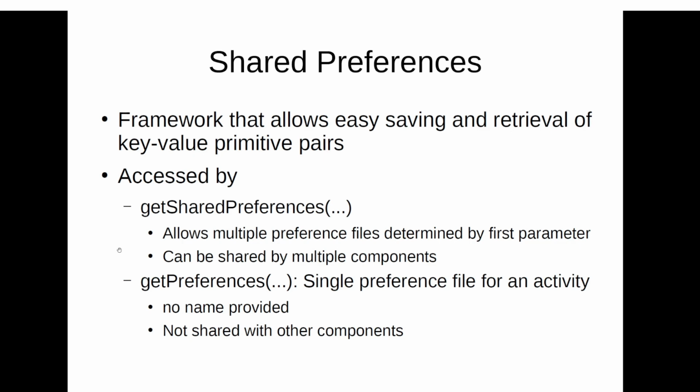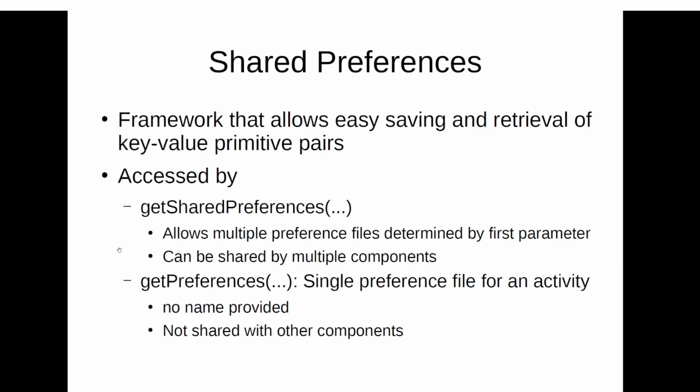If you make a call to getPreferences instead of getSharedPreferences, you will not be asked for a file name. Instead, getPreferences will return a context object specific SharedPreferences object, that is, one that is tied to the specific activity or service that called the getPreferences function.